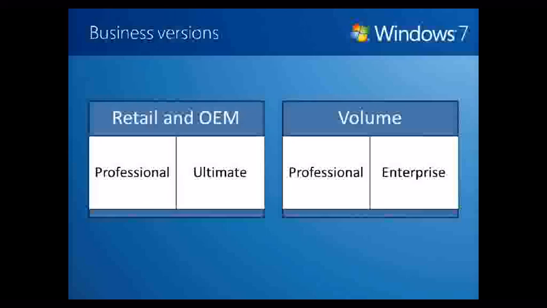It's very important to note the business versions of Windows 7. There are a number of SKUs, and I'm just concentrating on the business versions here. Professional is available both as retail and OEM. If you buy a machine or a full package product, you can buy Professional or Ultimate. If you buy through a volume license agreement, you can buy Professional or Enterprise. Most people, when they buy an OEM machine, get Professional unless they specify otherwise, and certainly volume people go for Professional.